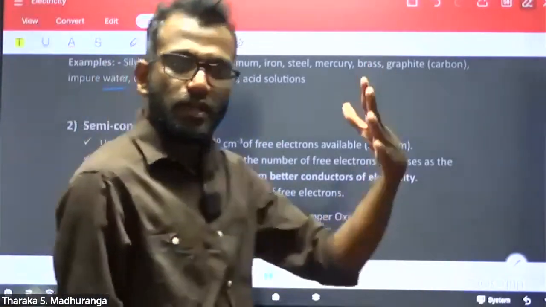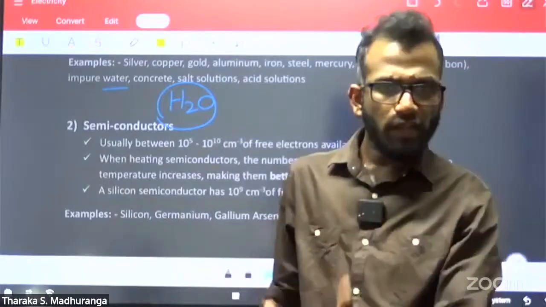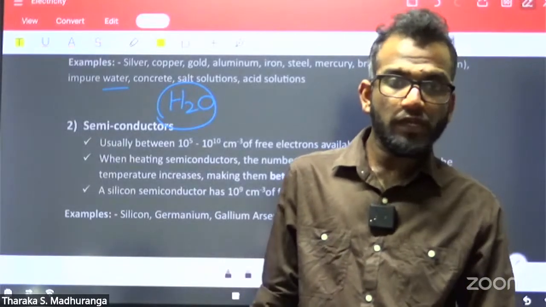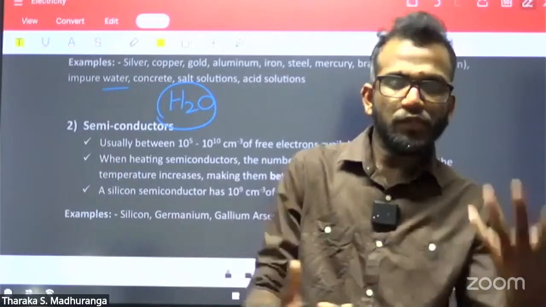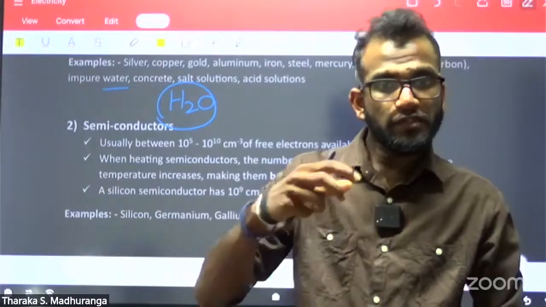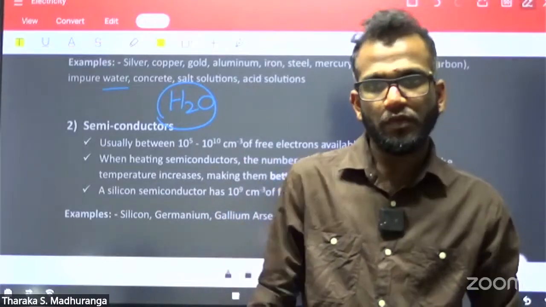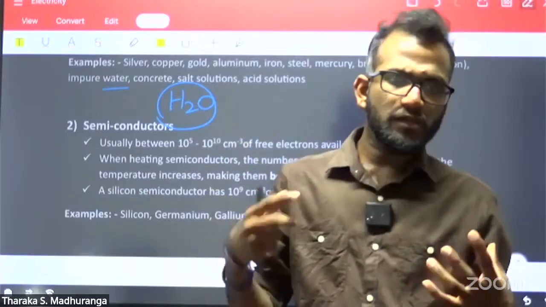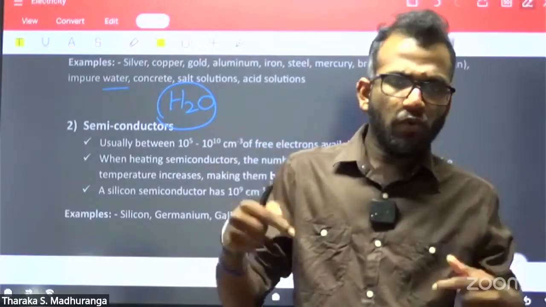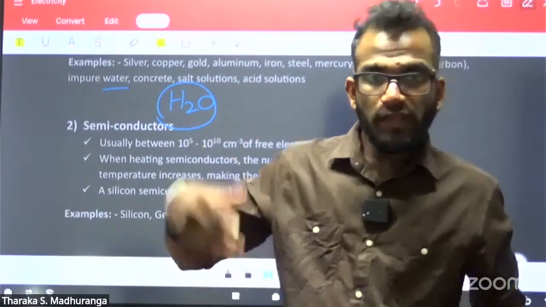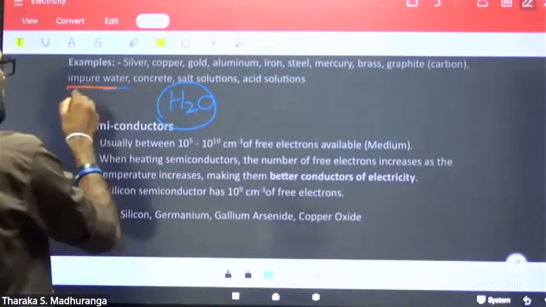But if we think of our drinking water or any natural source water, it is a conductor. They are good conductors because naturally available water is not pure H2O. It is a mixture of ions: magnesium, potassium, calcium, sodium and different ion mixtures. That means it is impure, not necessarily wastewater.